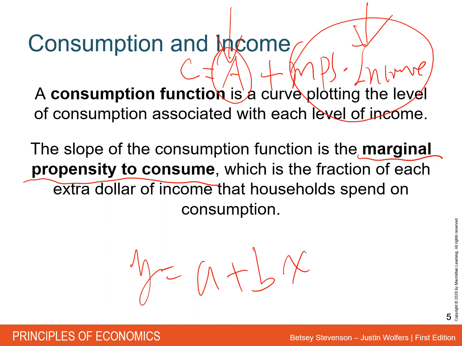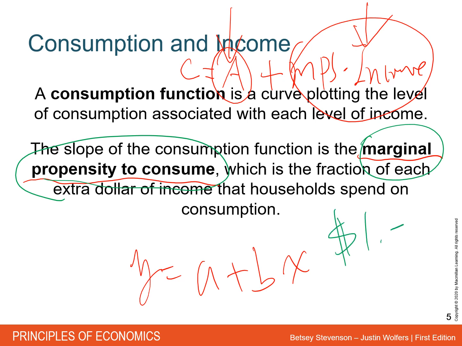The MPC, marginal propensity to consume, is the fraction of each extra dollar you make that you're going to spend on consumption. For every one extra dollar you make, how much of that dollar goes into consumption?